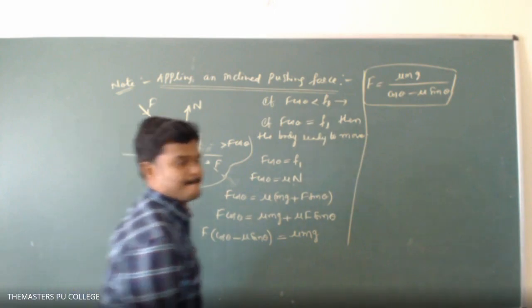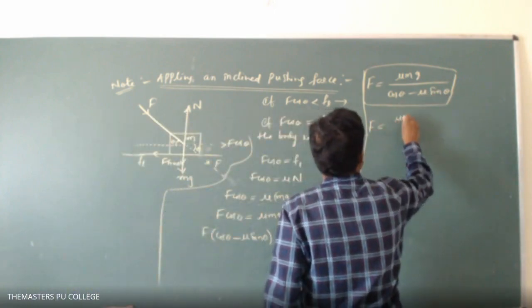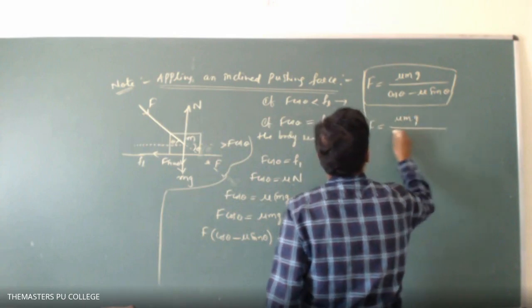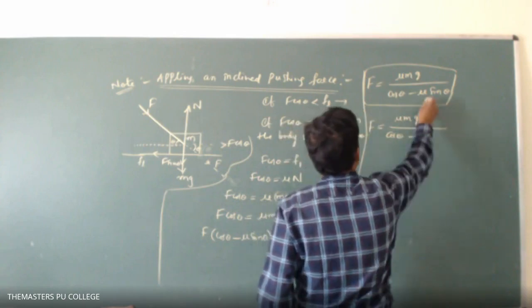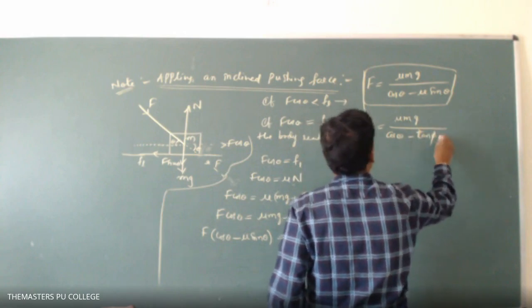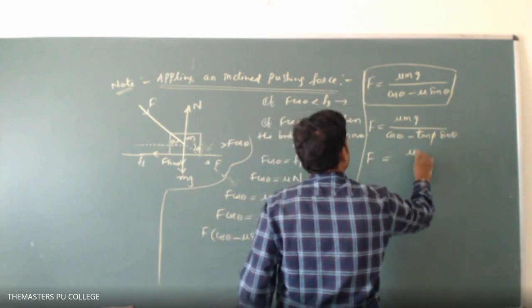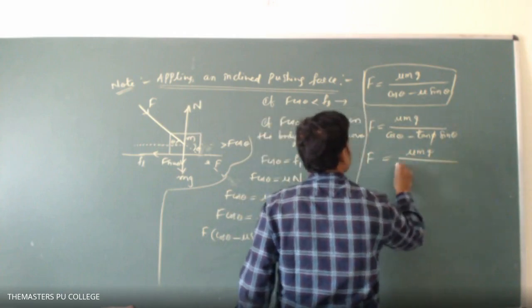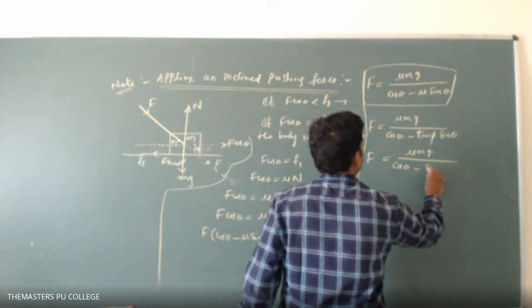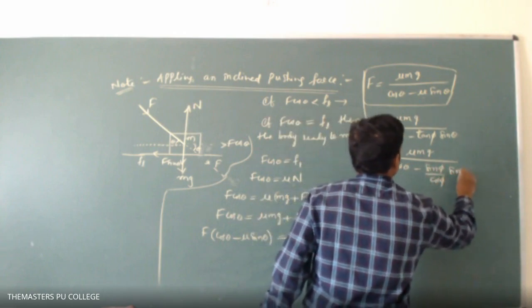Mu as tan phi. So F is equal to mu mg divided by cos theta minus tan phi sin theta. This can be written as sin phi by cos phi times sin theta.